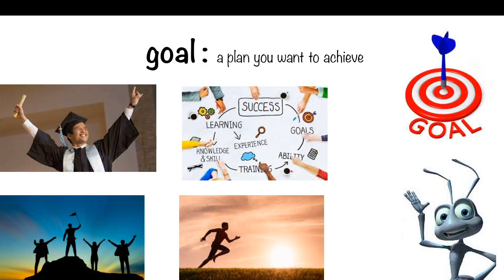goal. Goal is a plan that you make for the future, when you want to achieve something, when you want to reach something, when you want to get something that is really important for you in the future, you set up the plan, and that is called a goal. A goal is a plan that you make to reach, to achieve what you want.